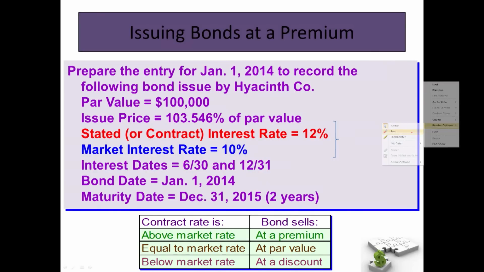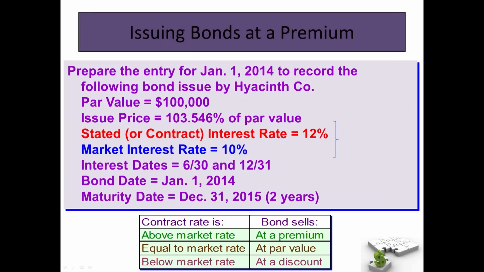Now, this is going to seem real similar because of the way I teach discount, because a lot of what I said with the discount can be used here. It's just kind of a mirror image. Like when I taught issuing bonds at a discount, it's really better to just do an example as I teach it. So that's what we're going to do.